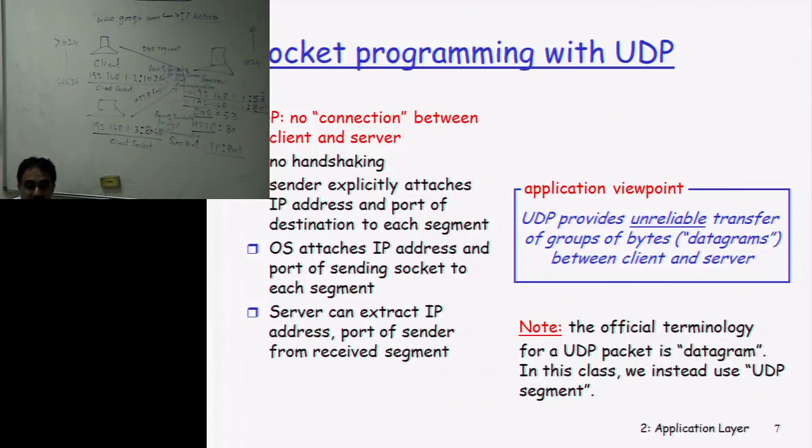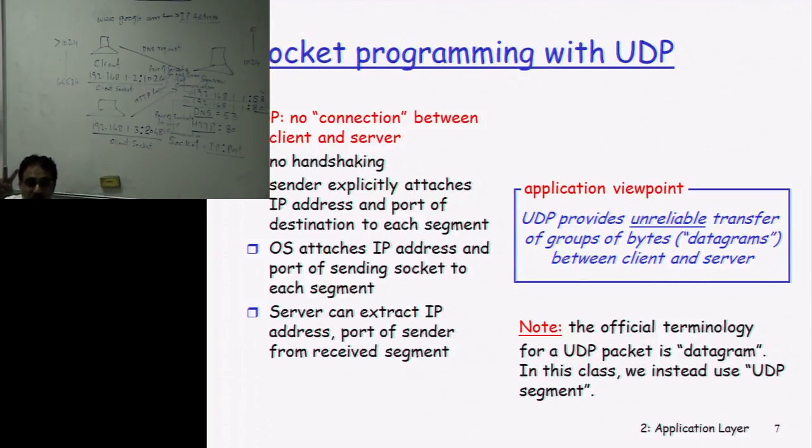Every segment will have a header attached to it on the transport layer. This is the job of the transport layer, to attach a transport layer header with every segment, and that header will contain the segment number, the source port number and the destination port number.